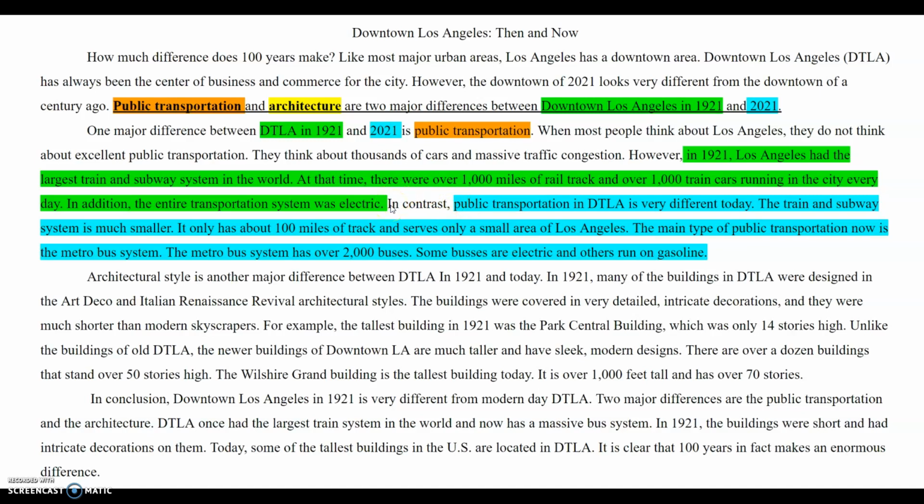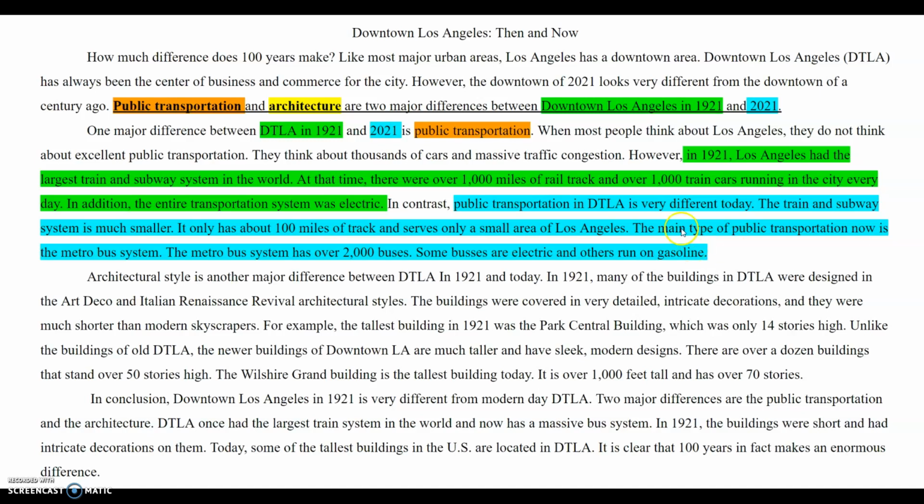In contrast is a word that signals that at this point the writer is going to start discussing the second topic, which in this case is public transportation in downtown LA in 2021. And we can see that the sentences here in blue relate to public transportation in downtown LA in 2021.